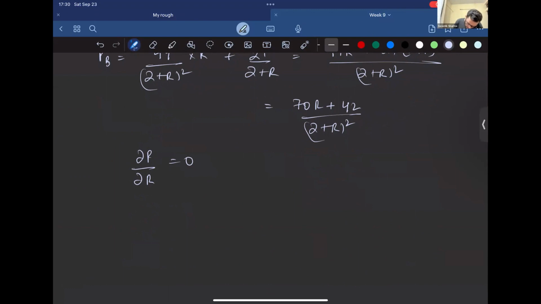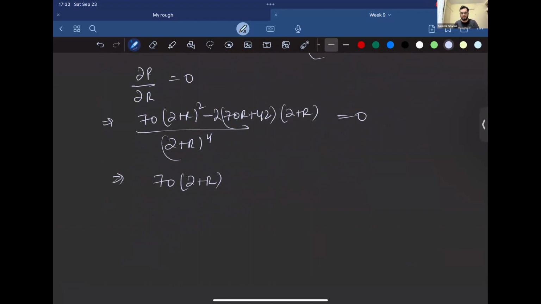So just equate the differentiation of power with respect to R to 0. So it comes out to be 70 times (2 plus R) equals 140R plus 84, right?